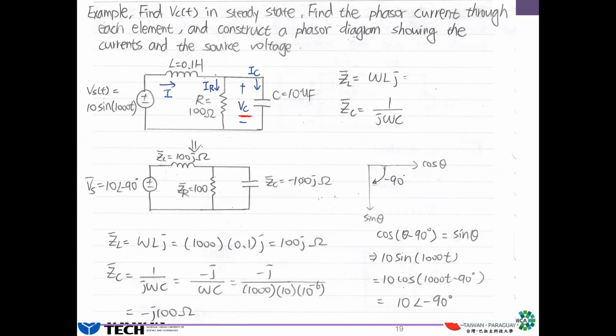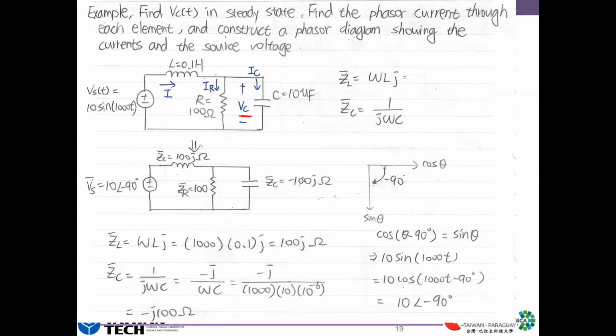Find the phasor current through each element and construct a phasor diagram showing the currents and the source voltage. So we need to find the phasor current through each element.